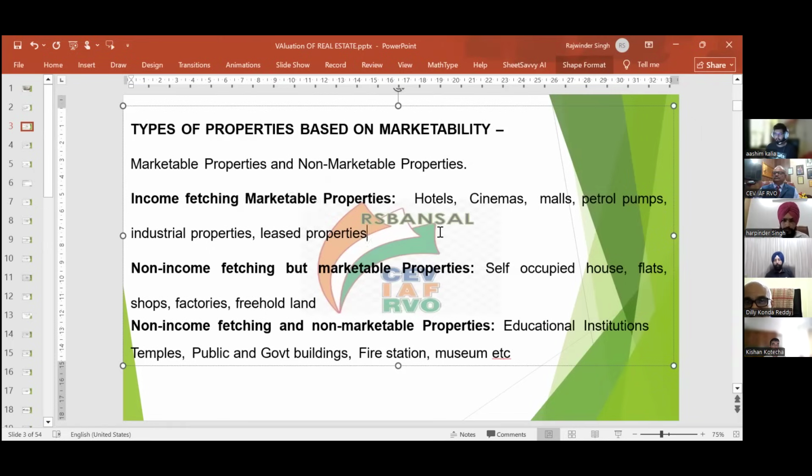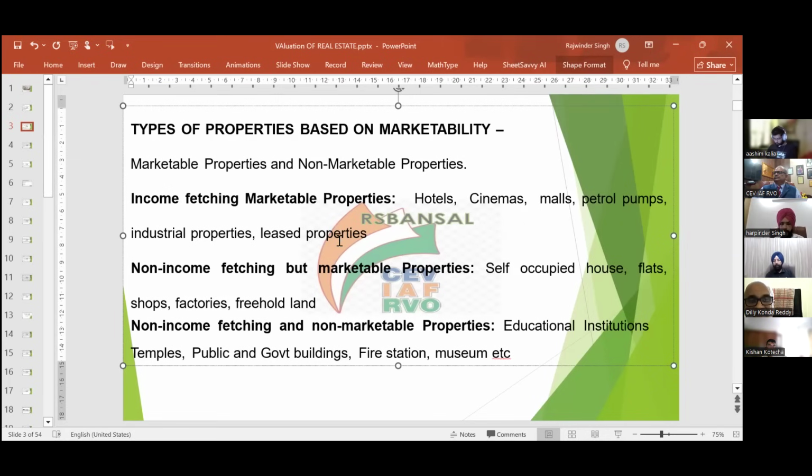So properties like hotels, cinemas, malls, petrol pumps, industrial properties, leased properties, which are able to generate some income and which are marketable, means which can be sold in the open market easily without any legal or any other problem.